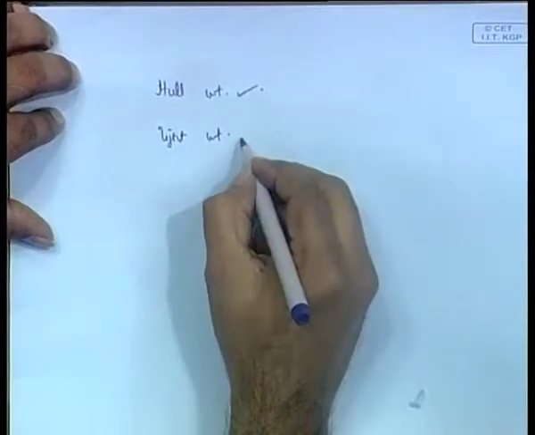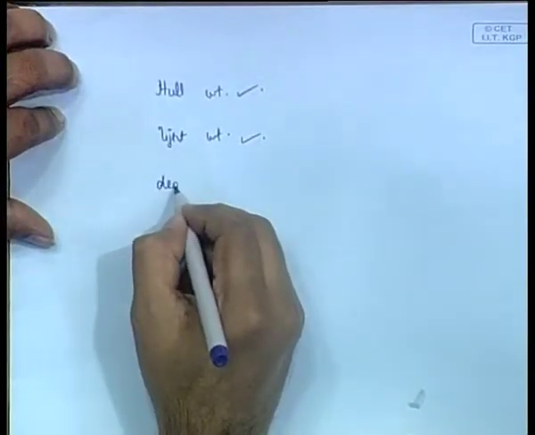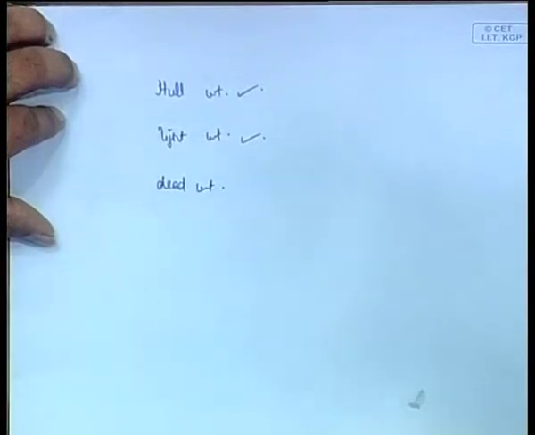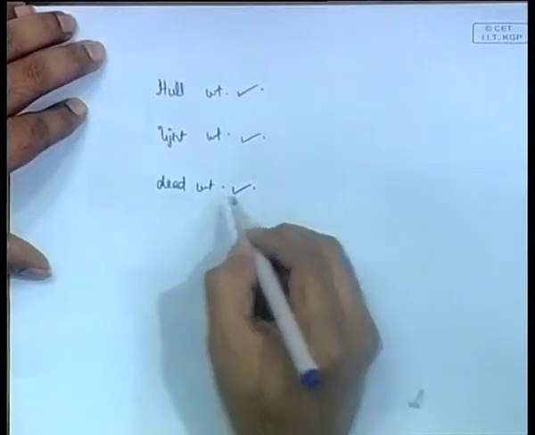It still does not have the contents of the ship. The next thing is called the dead weight. What happens is everything else is added, means the cargo, the ballast, the fuel, fresh water, personnel, machinery, everything. All those things are added to the ship and you get the dead weight of the ship.